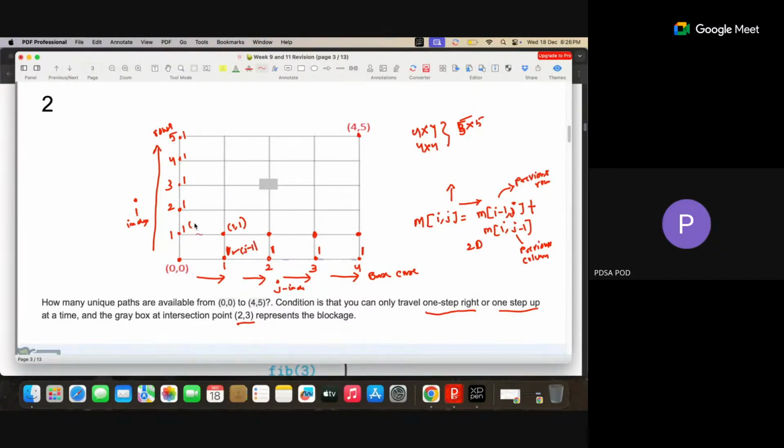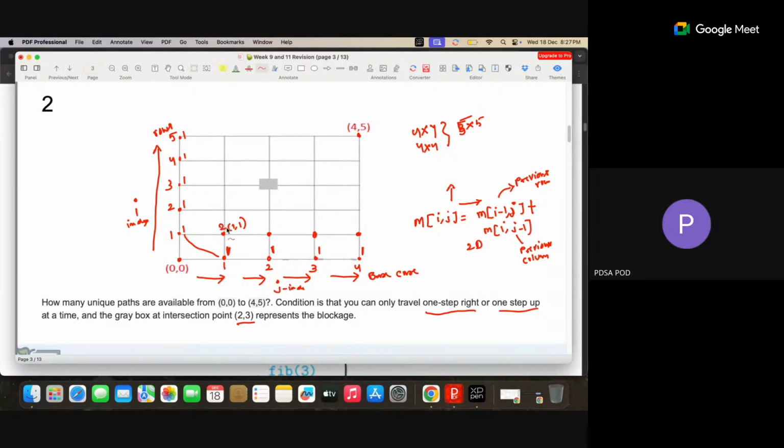This is I minus 1. Am I right or wrong? So these two we are summing. This one 1 and this one 1 we are adding. These two sums we are calculating.